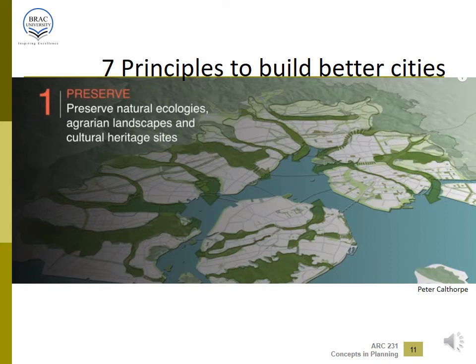Even though we need space for building or expanding our cities, geography and topography and geomorphological characteristics should always be in the first place of consideration. So in this case, preservation of natural settings, agrarian landscapes, and cultural heritage sites is important.